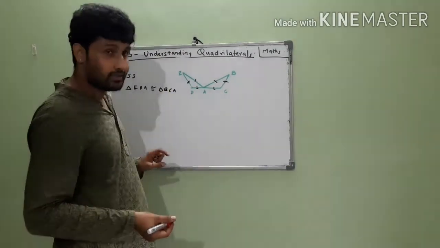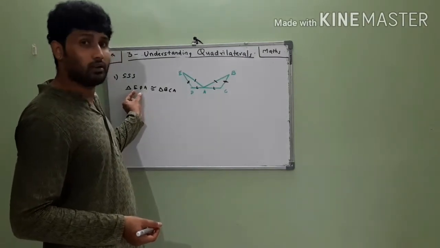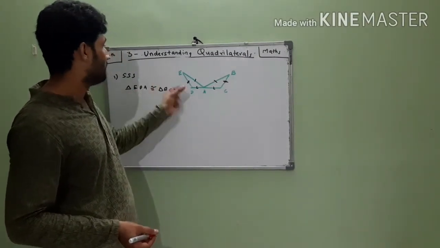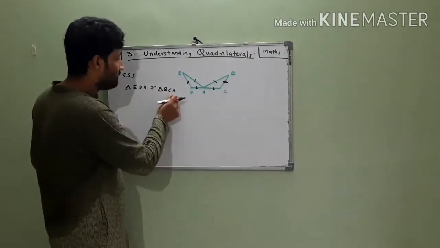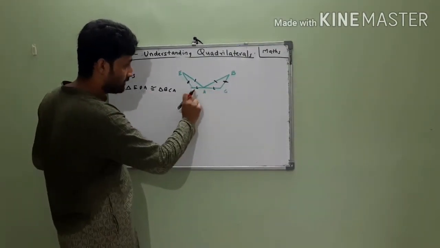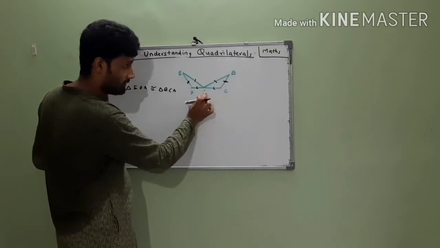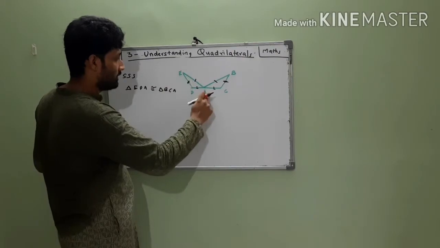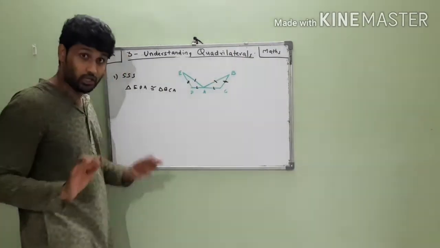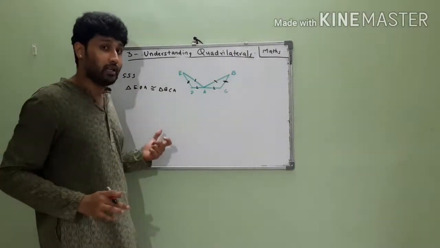And how do I understand this? See, if I divide them into line segments, ED and BC are equal, DA and CA are equal, EA and BA are equal. Clear? This is how you will name.